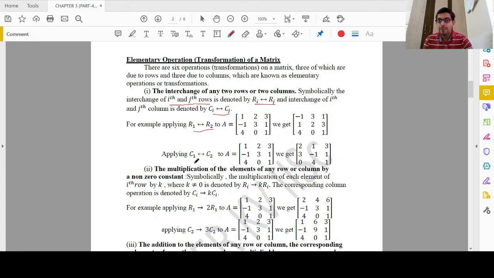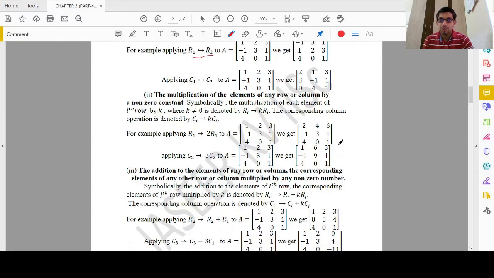Now the second elementary transformation is multiplication of the elements of any row or column by a non-zero constant. So if we are multiplying the ith row by k, where k should not be 0, it is denoted by Ri changes to k times Ri, and similarly for columns, Ci changes to k times Ci. For example, suppose we apply the operation R1 changes to 2 times R1.